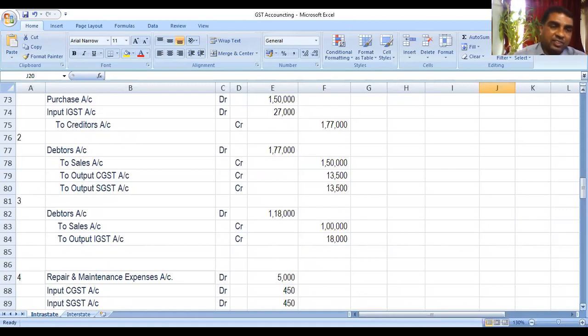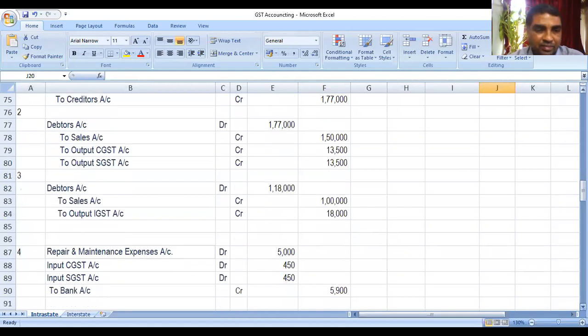IGST liability. So what is done here? Debtors account debit, sales account credit, and output IGST account is also credited. Understood? At 18%, this has been credited.